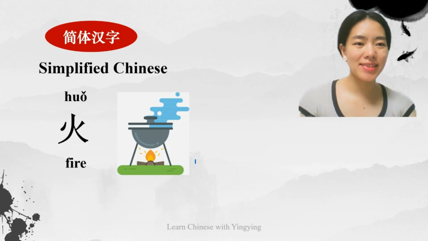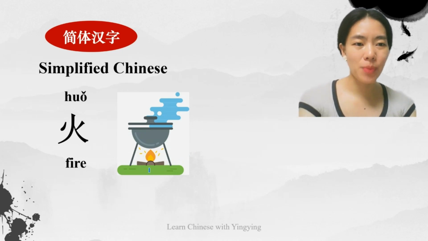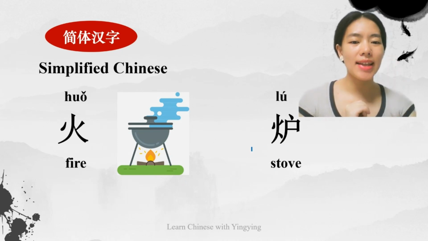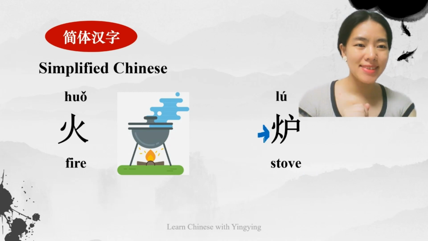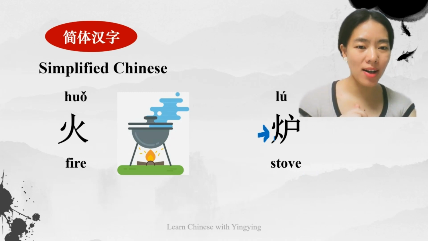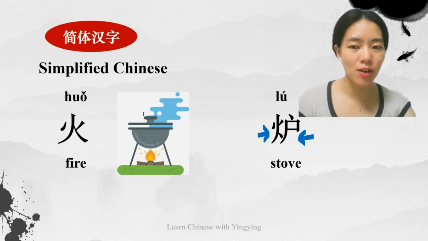And see this one is a stove, and you see it has fire at the bottom of it. So the next word we are going to learn is 炉. It means stove. Do you notice the left part is 火 and the right part is the shape of a stove?